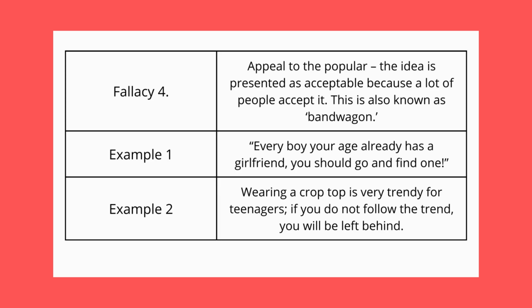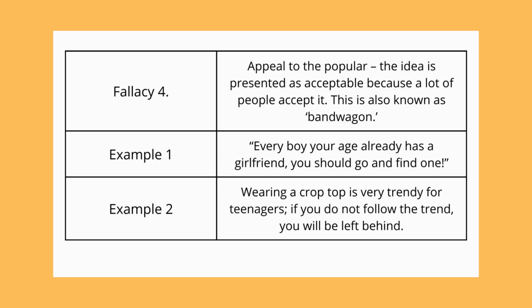Fallacy 4. Appeal to the popular. The idea is presented as acceptable because a lot of people accept it. This is also known as bandwagon. Example 1. Every boy your age already has a girlfriend. You should go and find one. Example 2. Wearing a crop top is very trendy for teenagers.